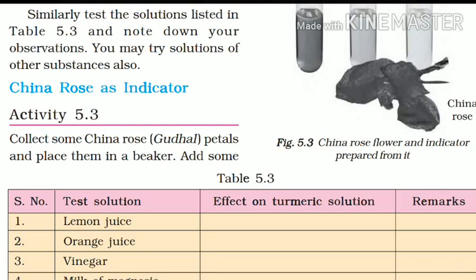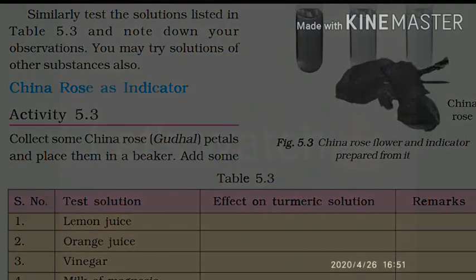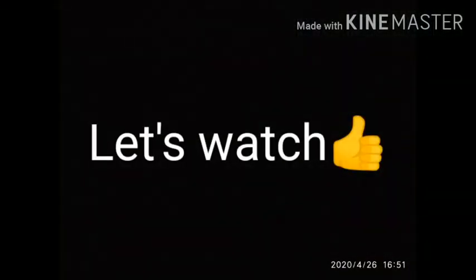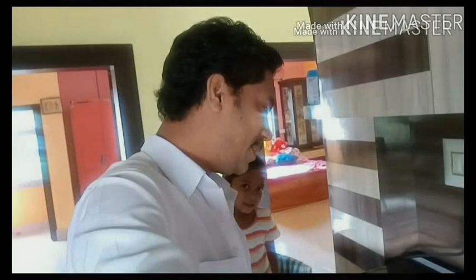Students, let's watch a clip. Hi students. Can you remember this flower? Yes, it is China rose. Now, how can we prepare natural indicators using this China rose? Let's see.